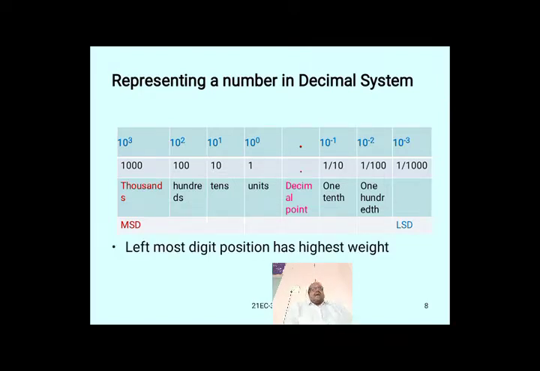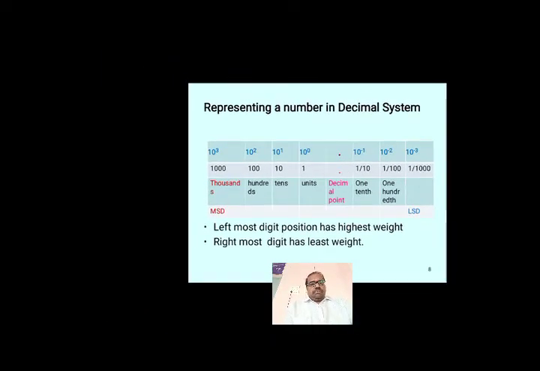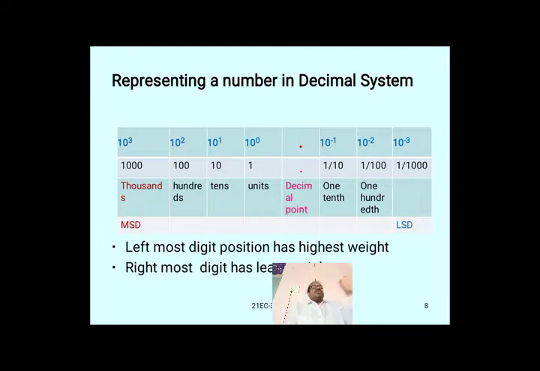See, I already told in the previous slide, the leftmost digit position has the highest weight. See here, the leftmost digit position has the highest weight, the rightmost digit has the least weight. MSD means most significant digit, LSD means least significant digit.